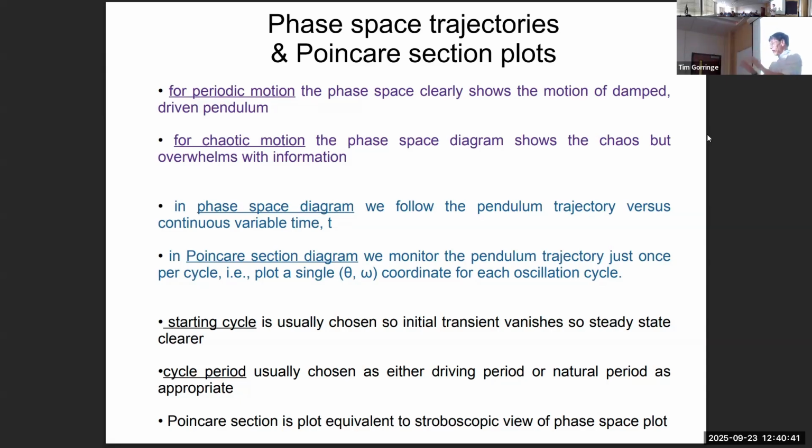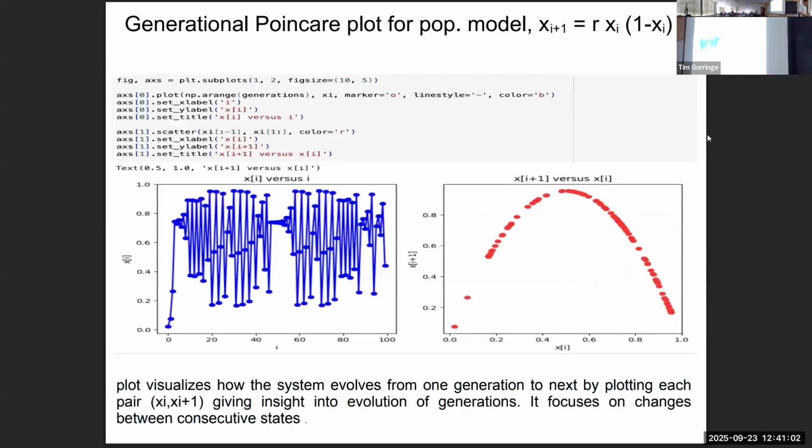And so you occasionally, for an instant, see the coordinates of the pendulum. And that's a Poincare section plot of the pendulum, with that stroboscopic recording of the position and the velocity of the pendulum. Okay.